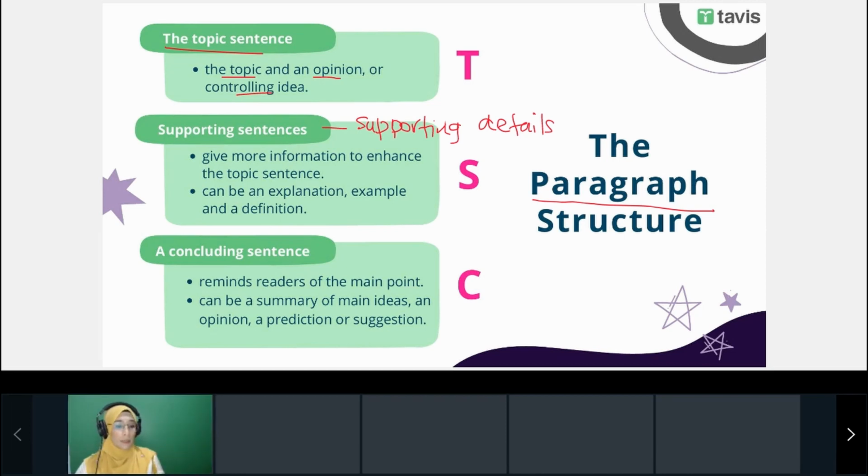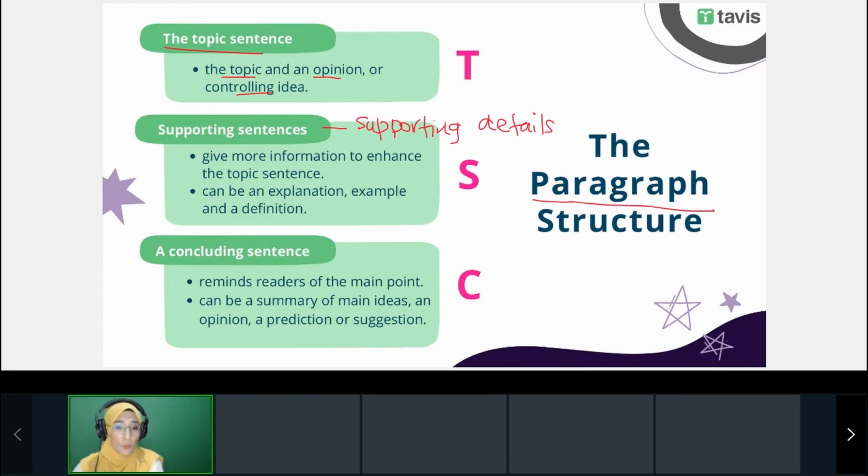Okay, this person, I know that she or he is going to write about types of coronavirus. So in the next line, you can have a concluding sentence whereby it reminds the reader of the main point. It can either be a summary of main ideas, or the opinion, or prediction, or suggestion.